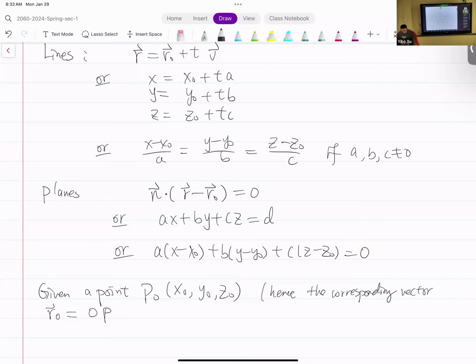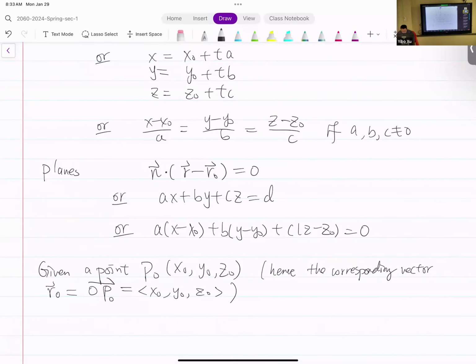So r0 just represents a vector that has its head on the line. That's exactly OP0, the vector (x0, y0, z0). We have a point P0 on the line, and we call that line capital L.